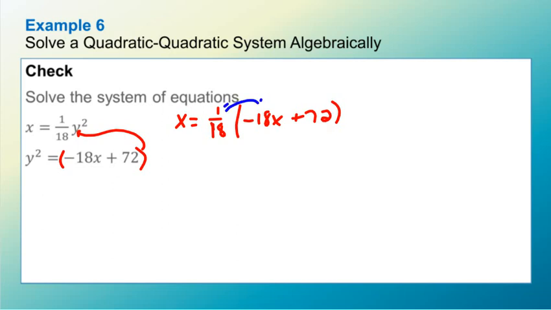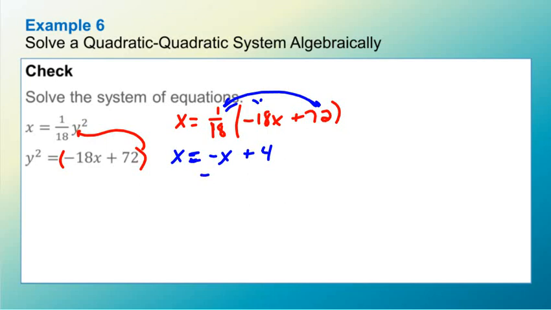And I can distribute the 1/18. I have x equaling 1/18 times negative 18x, which is just negative x, and then 1/18 times 72 would give us a positive 4.